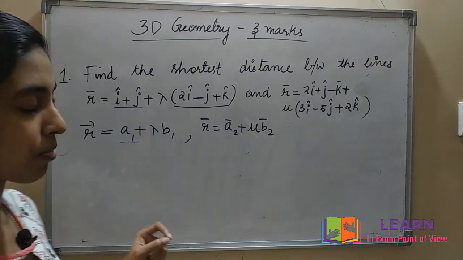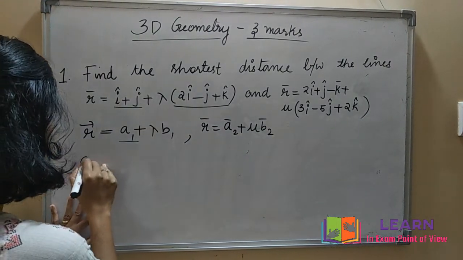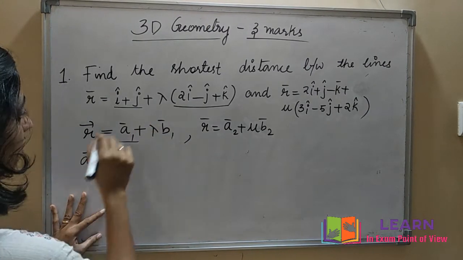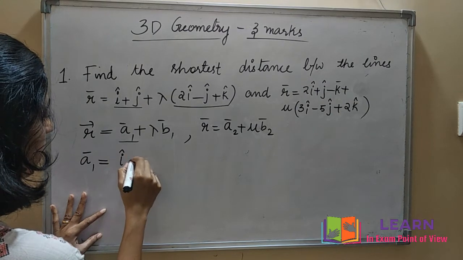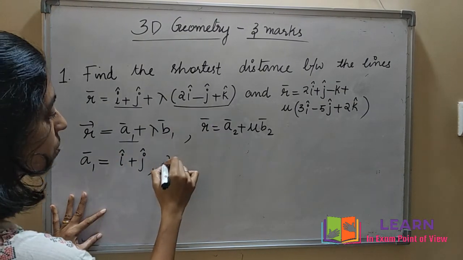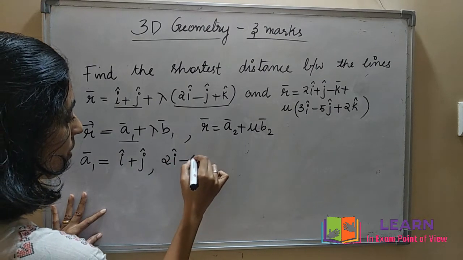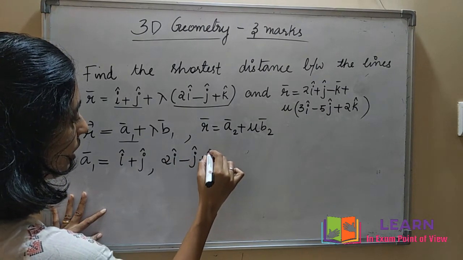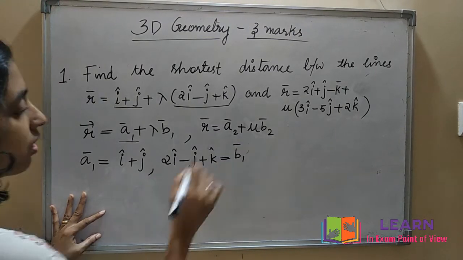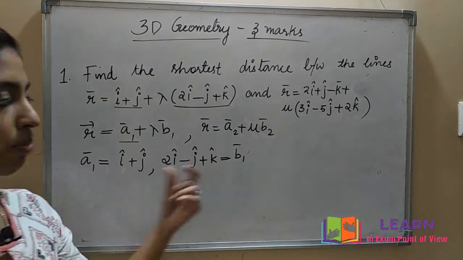First you write the terms. So here a1 is equal to what? a1 vector, that is i plus j. Similarly b1 is 2i minus j plus k. So we have a1 and b1.